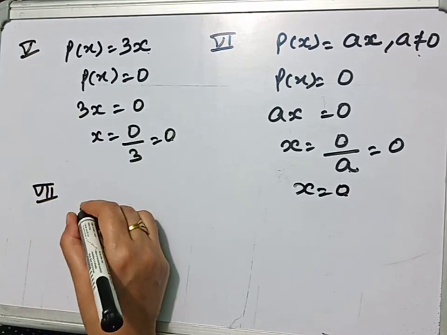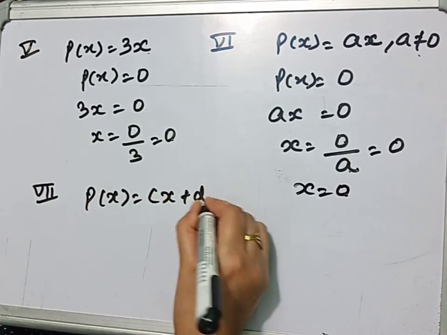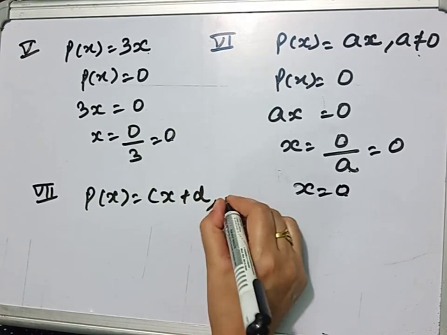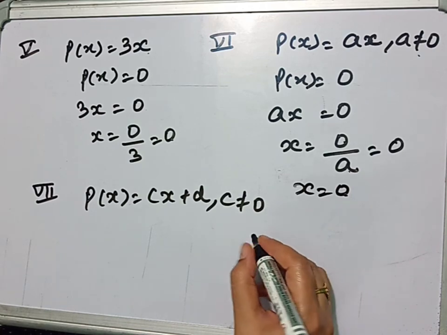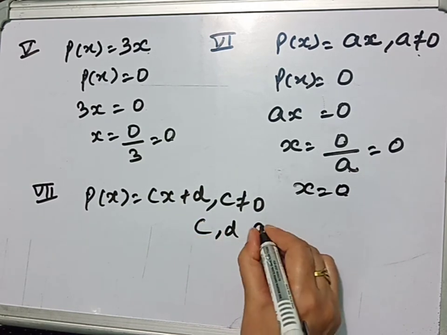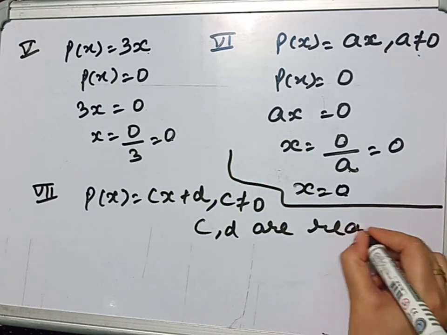Now last, seventh part is p(x) is equal to cx plus d. c is not equal to 0. c and d are real numbers.